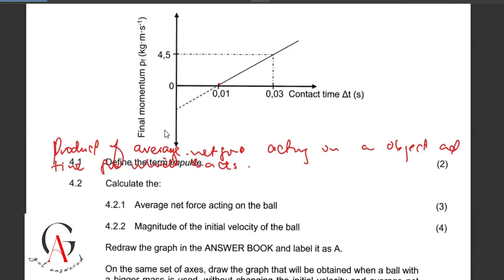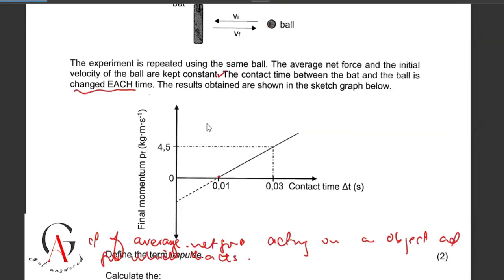And then 4.2, they want us to get the average net force that is acting on the ball. Now, what we're seeing is basically the final momentum. But we know that F net multiplied by delta t is equal to the change in momentum.